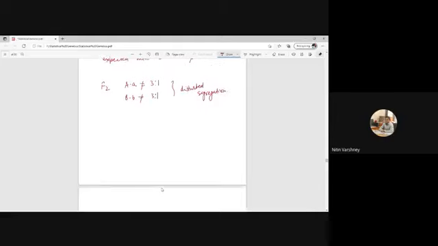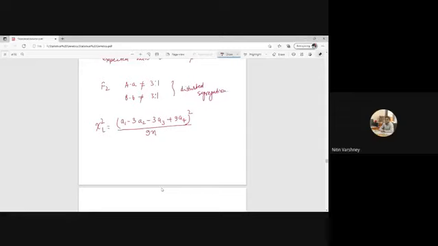Now, if you remember, what was the formula of chi-square linkage in case of F2? It was (A1 minus 3A2 minus 3A3 plus 9A4) whole squared upon 9n.